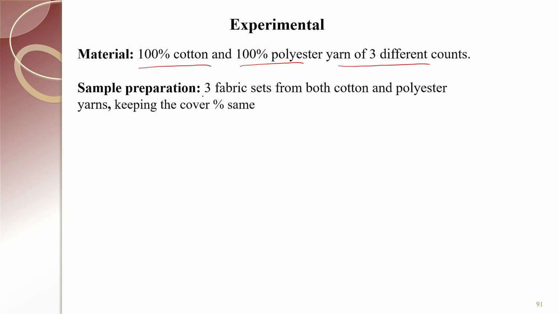And 3 fabric sets, both for cotton and polyester yarns, keeping their cover the same, we have produced. So, depending on the yarn diameter, the pick density was manipulated to keep the cover the same.